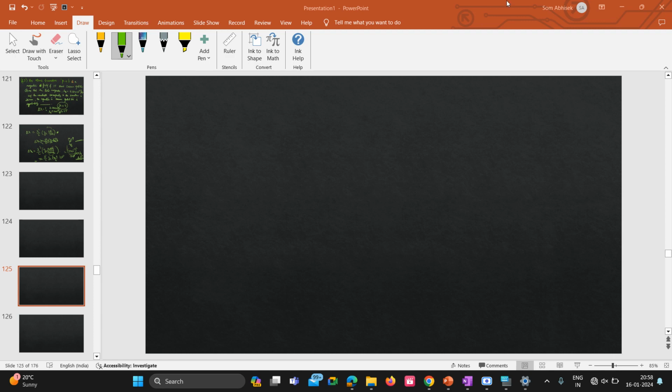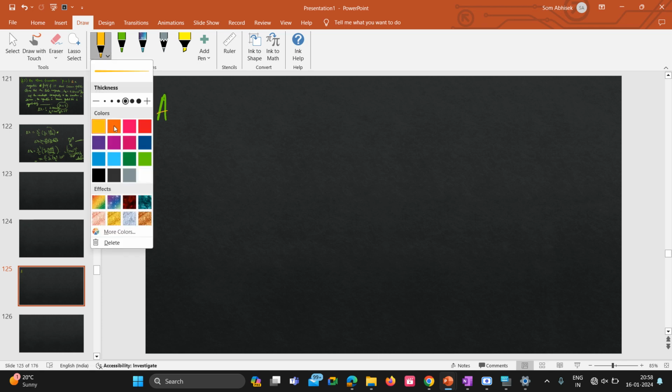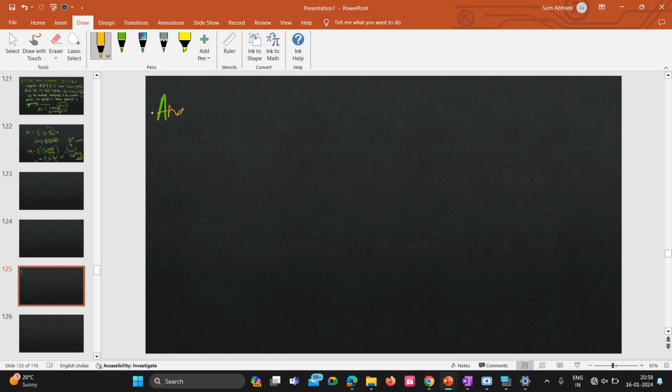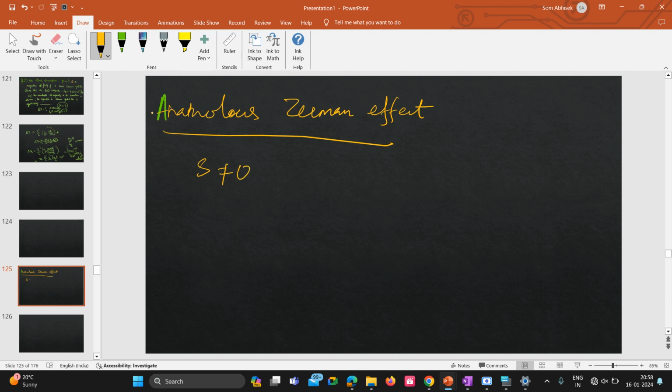Next will be anomalous Zeeman effect. Here S is not equal to 0.